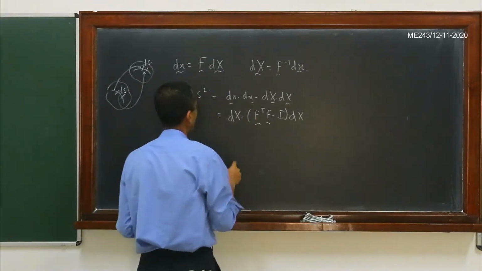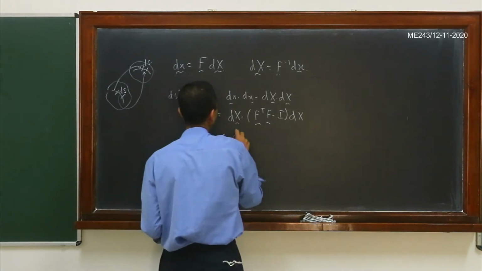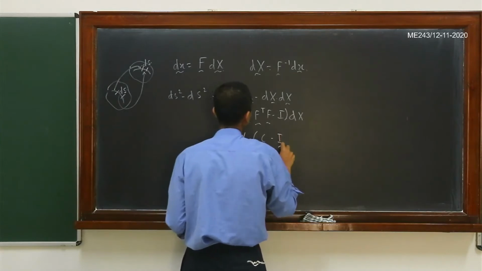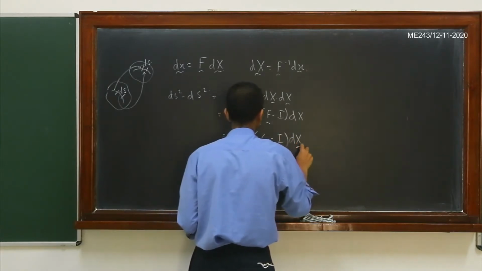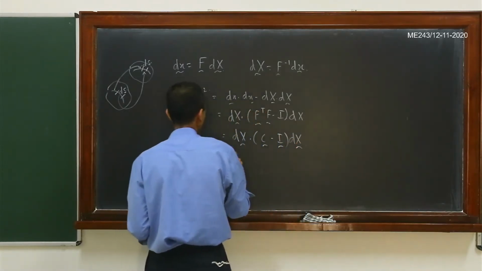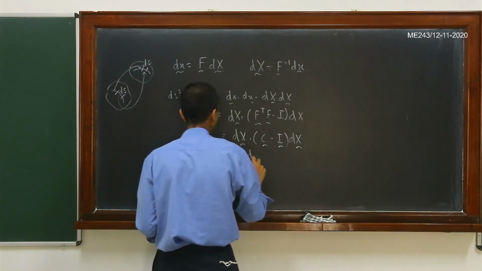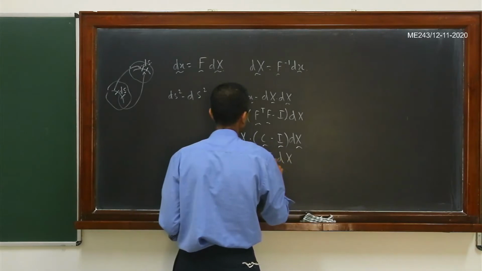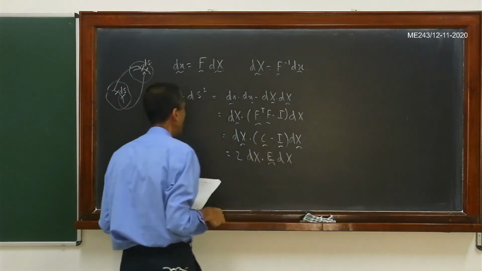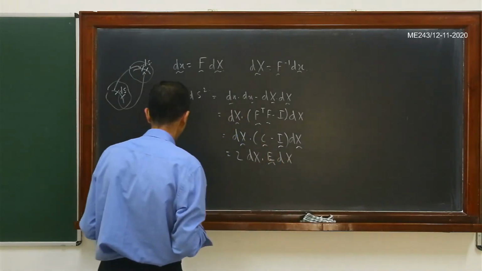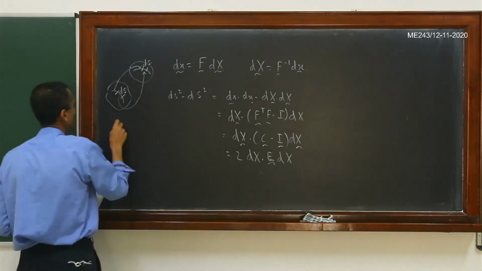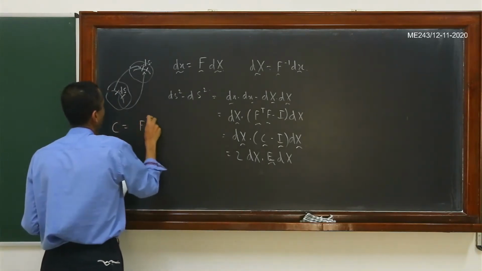This can be written as dX dot (C minus I) times dX, and this in turn I will write as dX dot 2E times dX. So this C is known as the right Cauchy-Green strain tensor, and C is equal to F transpose F.